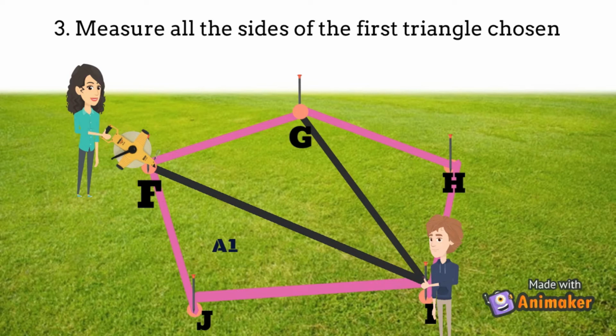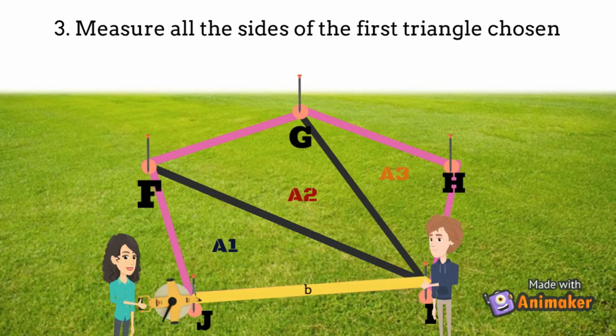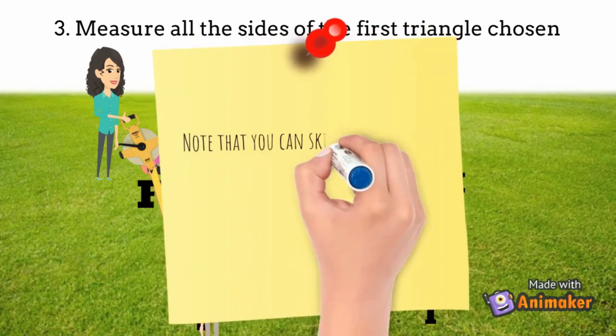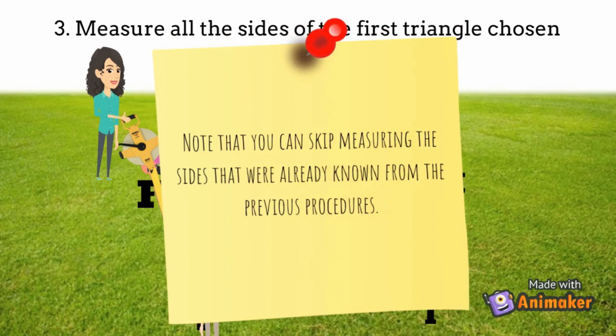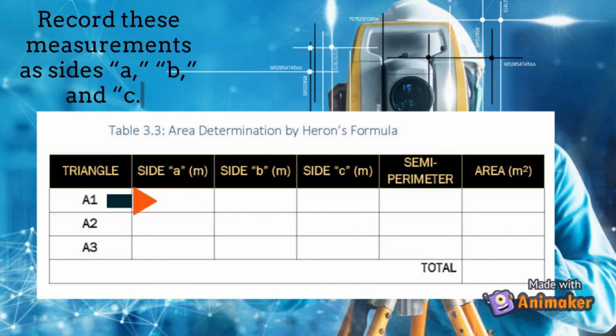Then measure all the sides of the first triangle chosen. Note that you can skip measuring the sides that were already known from the previous procedures. Record these measurements as sides A, B, and C on table 3.3, area determination by Heron's formula.